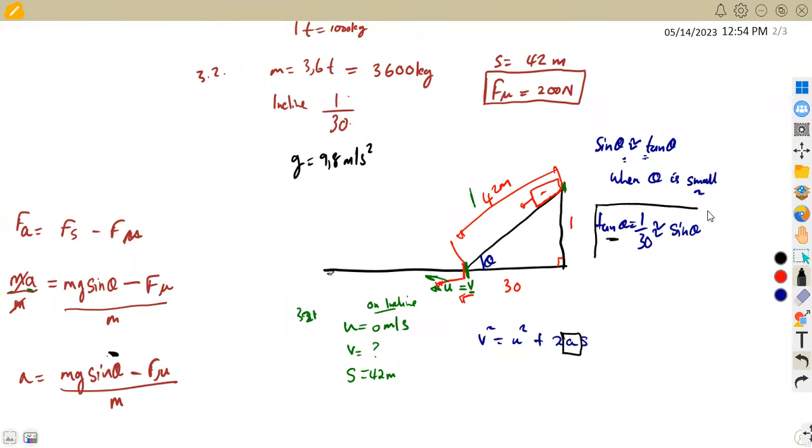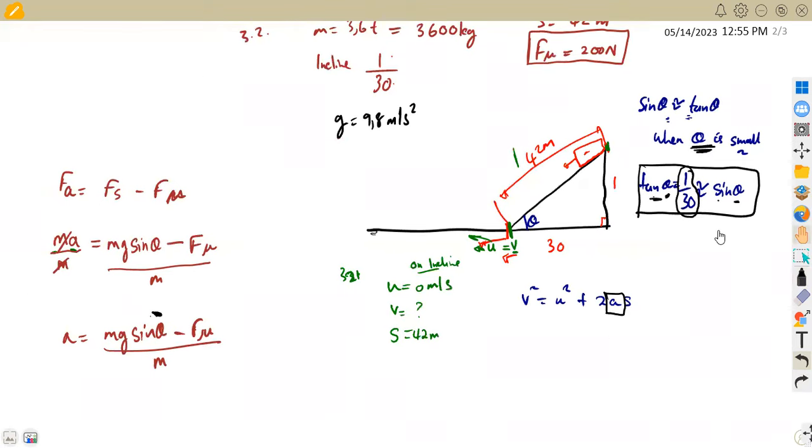So in place of sine of theta, we can use 1/30, because tan and sine are approximately the same. We can use 1/30 in place of sine theta only when theta is small.